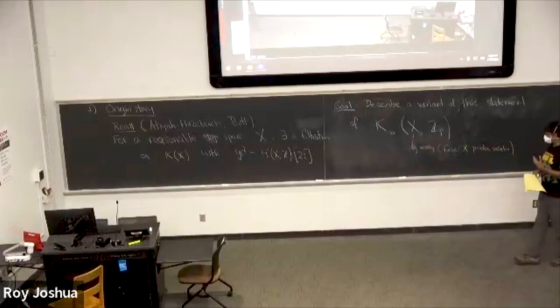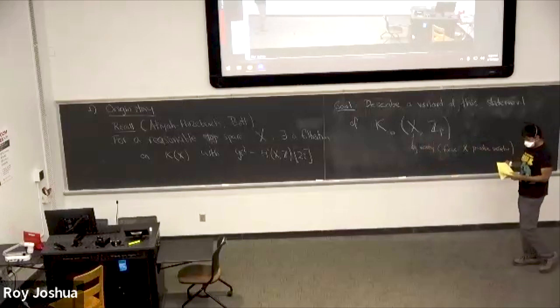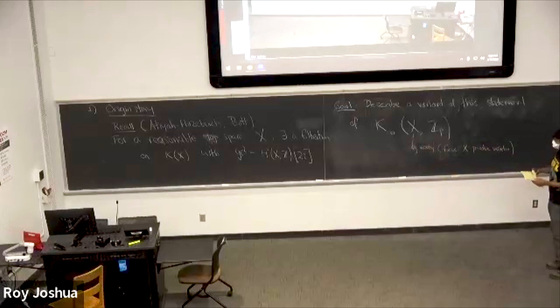And so this filtration has been defined in the work of a lot of people: Bloch, Levine, Voevodsky. I didn't write down all the names, so let me not. But such a filtration exists.